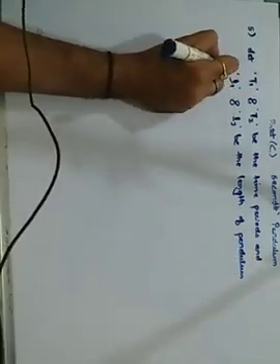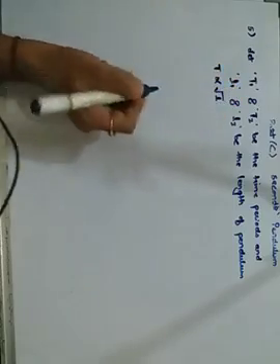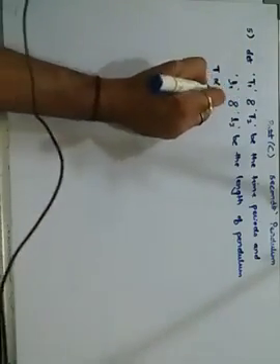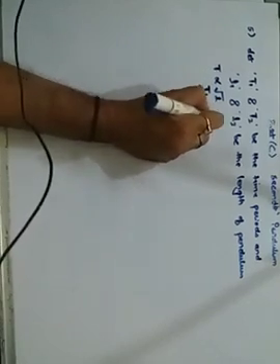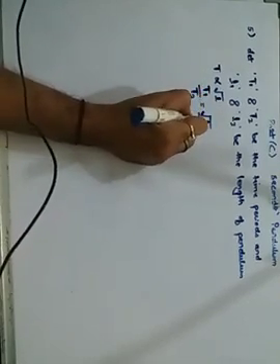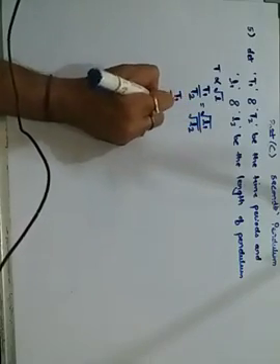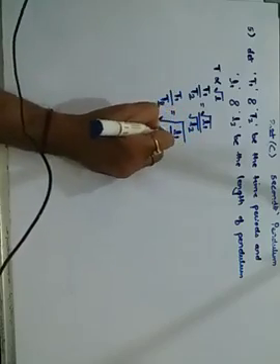Okay, but according to the relation we know that T is directly proportional to the square root of L. This was the relation which I showed you in the beginning. So if I want the two relations, then T1 upon T2 will become root of L1 upon root of L2, which can be written directly as T1 upon T2 is equal to square root of L1 upon L2.